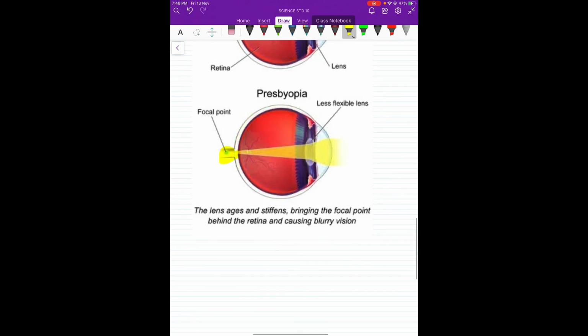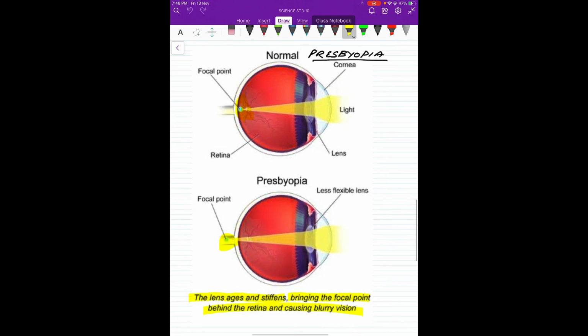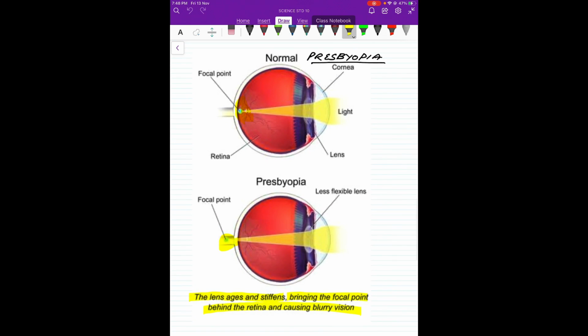What happens is, the crystalline lenses age, and after 40-45 years they become stiff, and they bring the focal point behind the retina and cause blurry vision. This generally affects people who are more than 40 years old, and after 45-50 years the condition can worsen. So this is how presbyopia affects people.